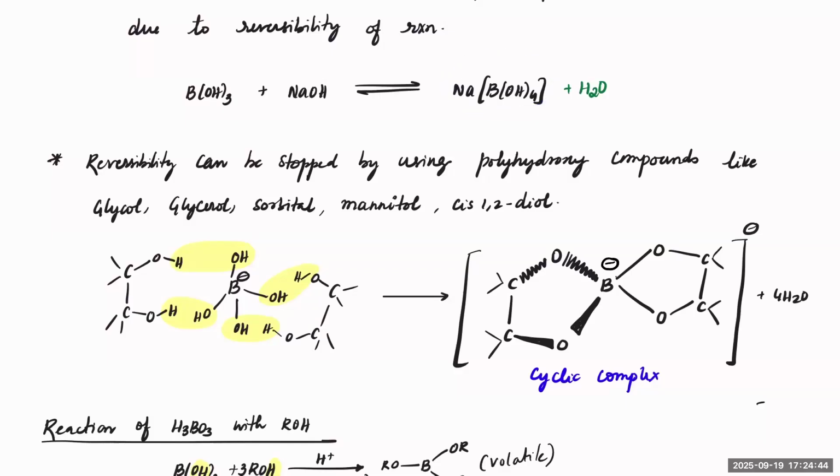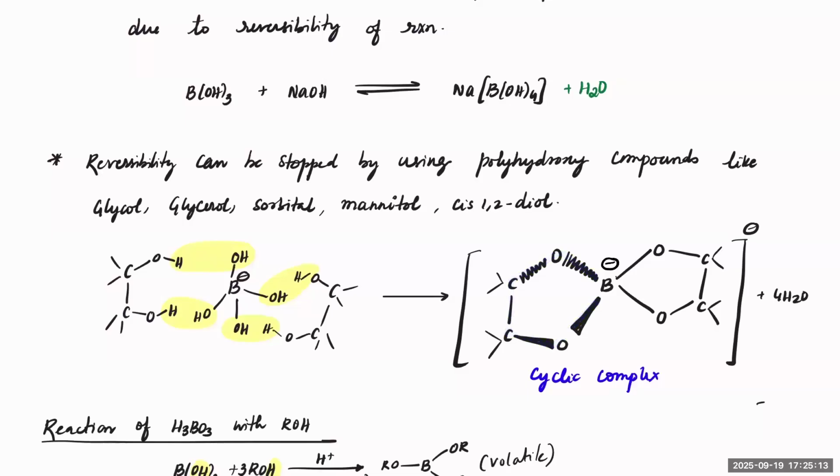To stabilize this complex, we use polyhydroxy compounds and keep them in the solution right from the start, like glycol, glycerol, sorbitol, mannitol, cis 1,2-diol. When you have this group, what happens? As it forms B(OH)4 minus, immediately those compounds which are present in the solution make a hydrogen bonding and convert into a chelated form here.